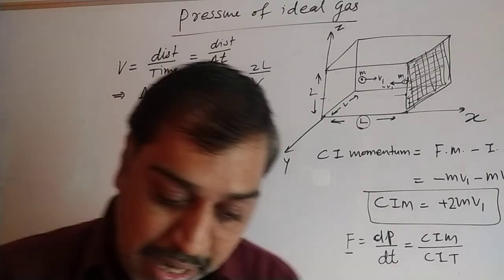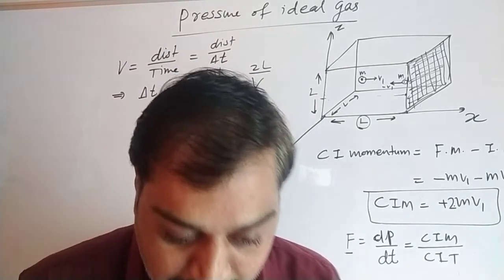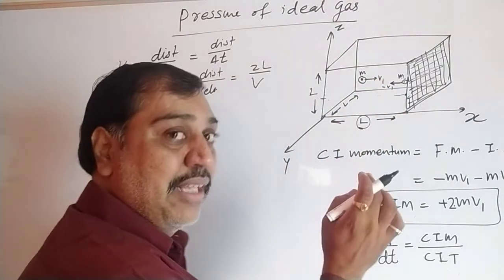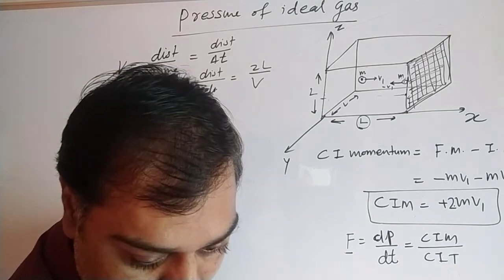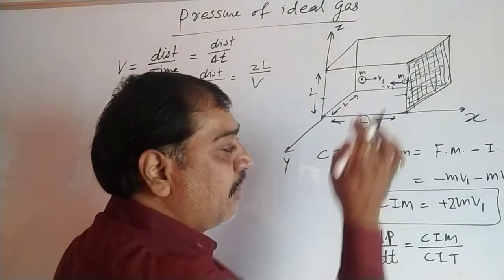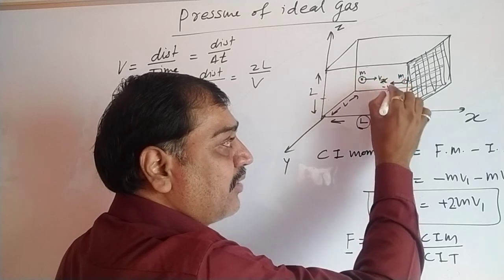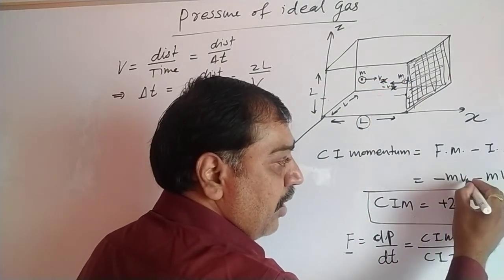We have already found that the particle is moving along the x-axis only. Here we have taken V1, the component of velocity along the x-axis for the first particle. In your book they have taken Vx. So let's consider this as Vx and convert all this 1 into x.